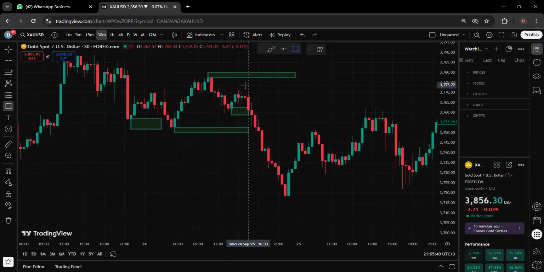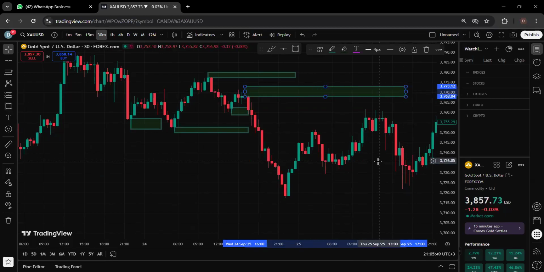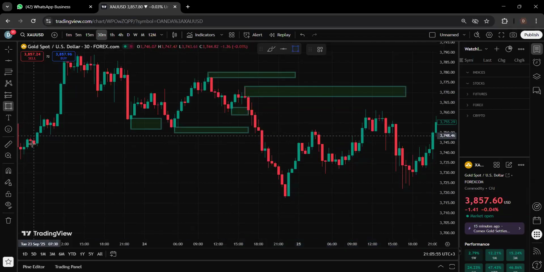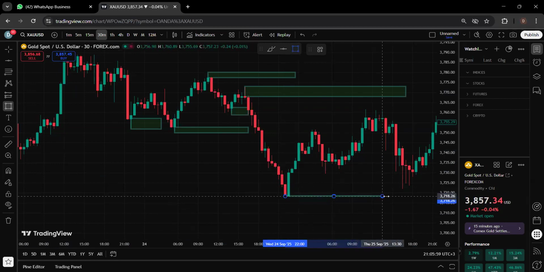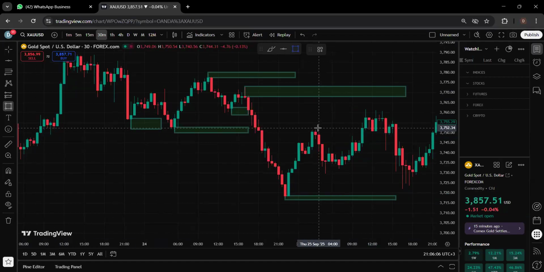Then here it created a new resistance. Which candle? This one here. Draw the entire wick. Again, you can see this candle here has the tallest wick. Pushing down. Then this becomes my what? My support here. You draw that wick. Another resistance is here. The tallest wick is this one. You draw.